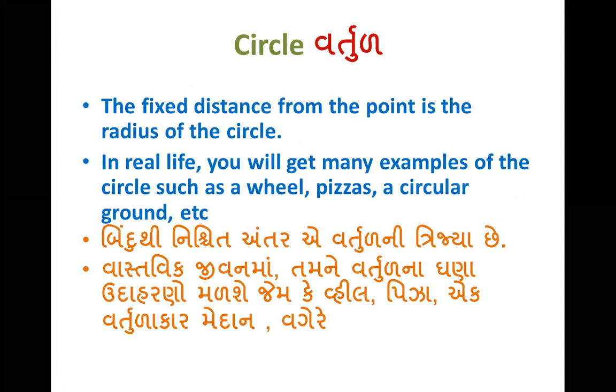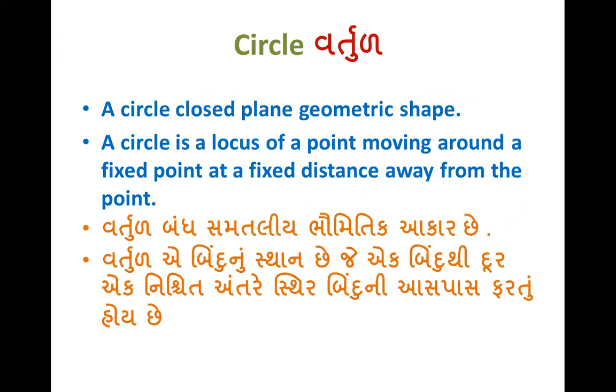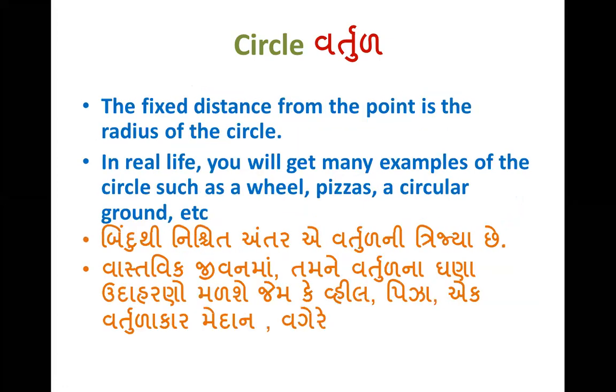When we use the circle, everywhere we have many things that depend on the circle. Let me give you one or two examples. A circle is the shape of a pizza, wheels, any circular ground.